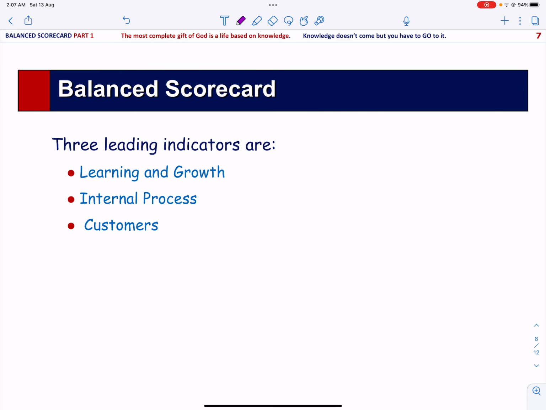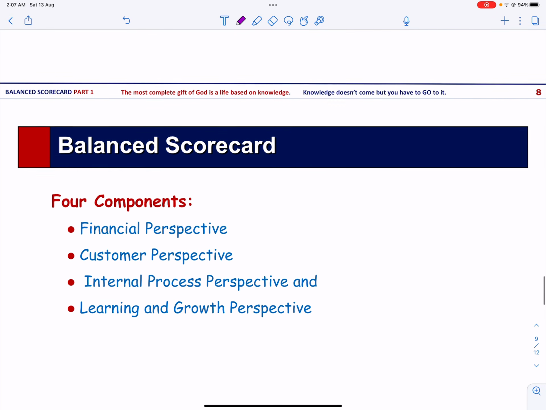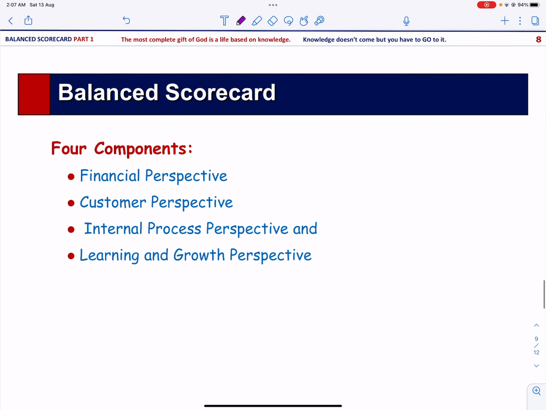The balanced scorecard recognizes that for the company to be successful, it needs to focus on four components: financial perspective, and customers' perspective, what customers expect from us, how the customer sees us, what type of product they are looking for. So we have to listen to the customer and respond to the customers to be successful.